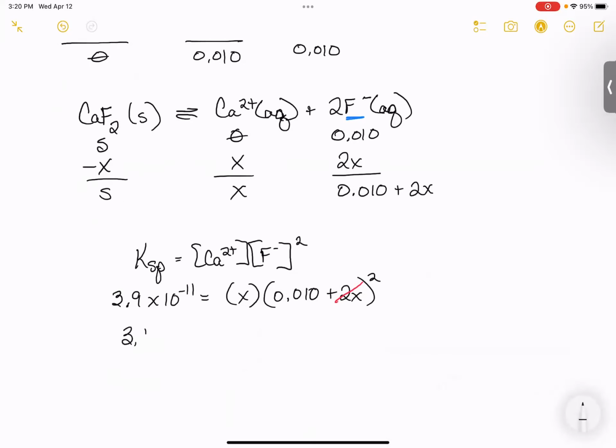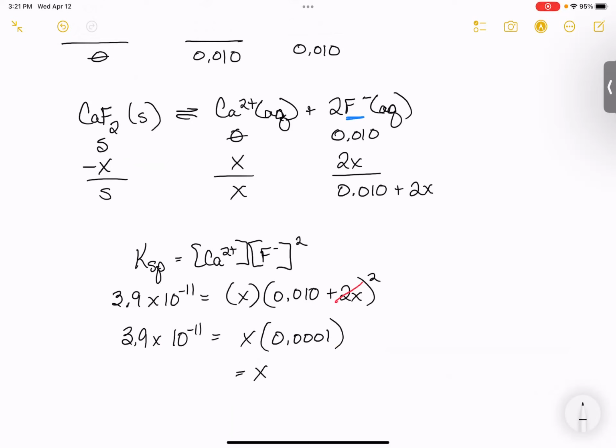So in other words, 3.9 times 10 to the minus 11 is equal to X times 0.01 squared, which should be 0.0001, if I'm not mistaken. Nope, I did it wrong. There, yep. 0.0001.